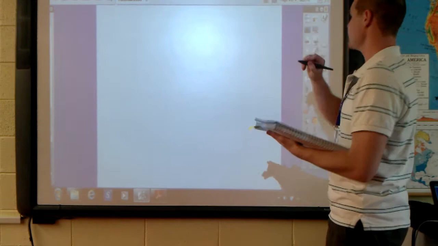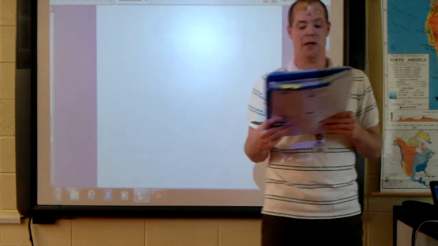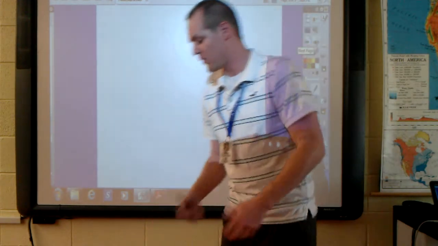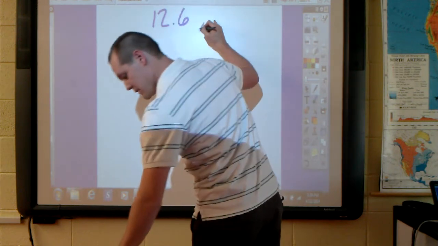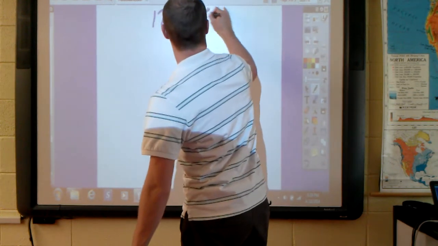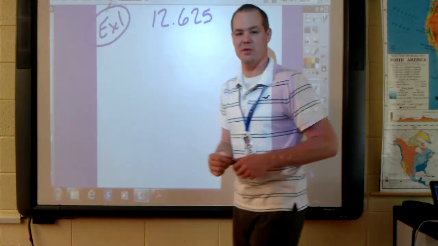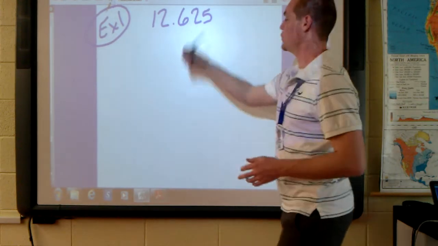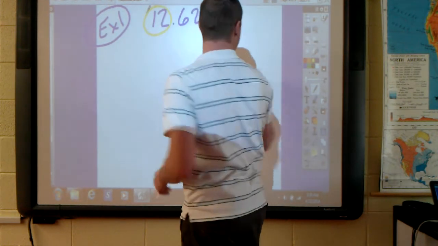Now, example number 1 says, use words to name 12 and 625 thousandths. I guess I sort of read it correctly, I think. So, I'm going to write the number 12, 6, 2, 5. And this is example number 1. If you don't have room for this one, feel free to write it just on the back side of your sheets. First of all, again, we start with whole numbers.